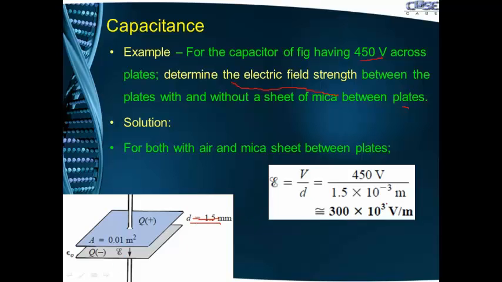So converting into meter by multiplying with 10 to the minus 3, E would become equal to 450 divided by 1.5 into 10 to the minus 3 meter, which is approximately 300 into 10 to the power 3 volt per meter.